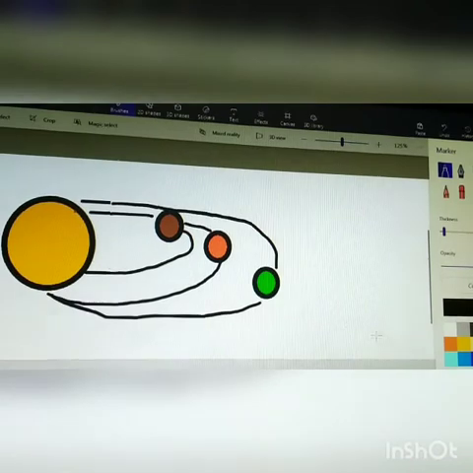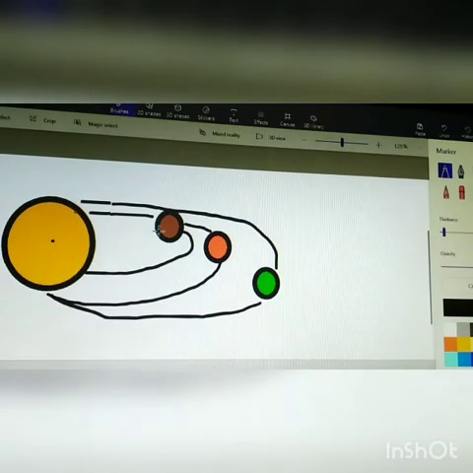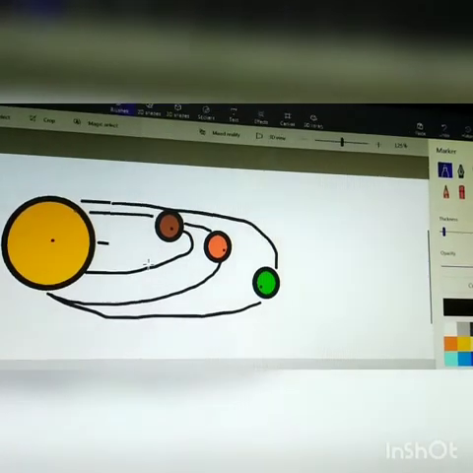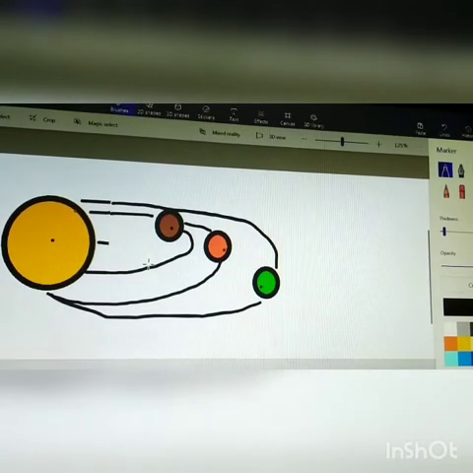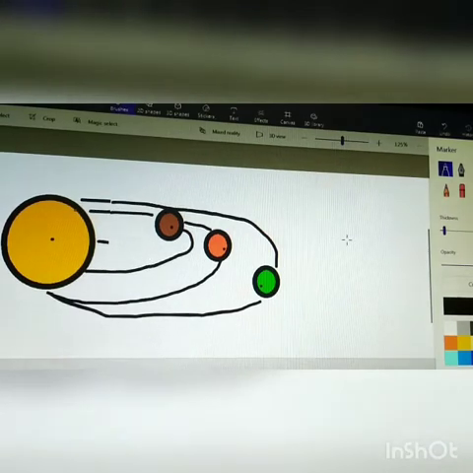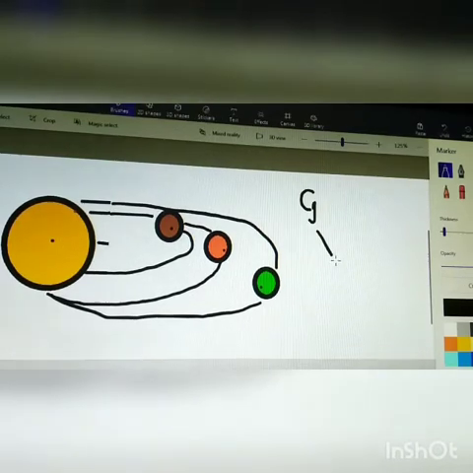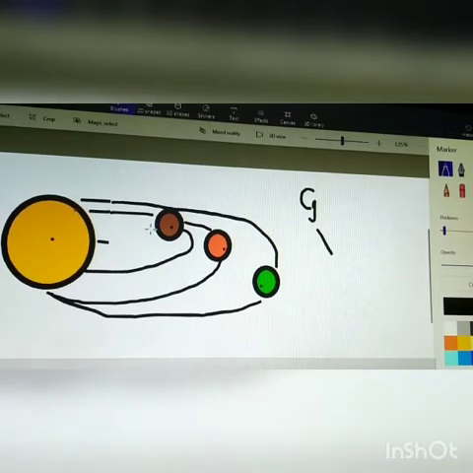So now let's assume that this is the Sun, this is Mercury, Venus and Earth. These are three planets which are revolving near the Sun. And how does this revolution and rotation occur? Let me make one thing clear to you. Gravity is like a big magnet. It attracts things together, meaning that all objects possess gravity between them.